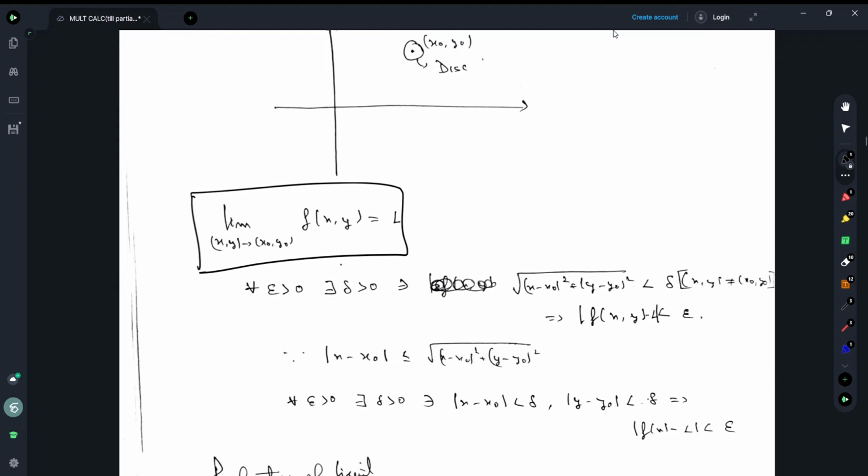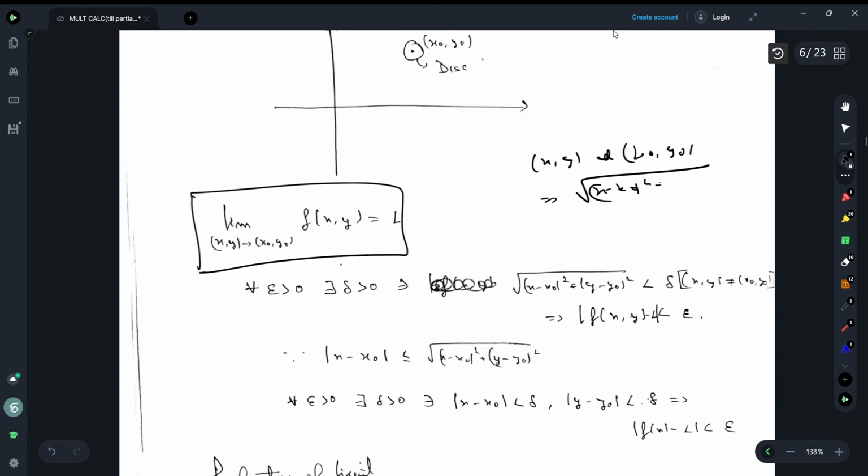Now see, we know the distance formula, right? What is the distance between (x,y) and (x0,y0)? This is given by the distance formula, root of (x minus x0) whole square plus (y minus y0) whole square. Now this is the thing which we have taken here.